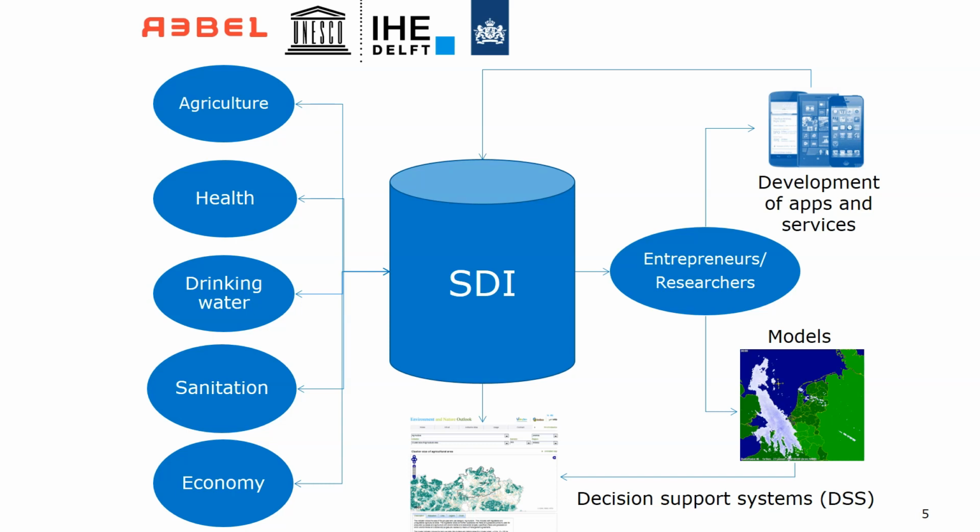And when the data becomes also available for the public, entrepreneurs and researchers are able to develop apps and services based on this data. Scientists can even run models and can develop decision support systems that these different government sectors can also use again. So there's a win-win situation when more of this data becomes available through a spatial data infrastructure.